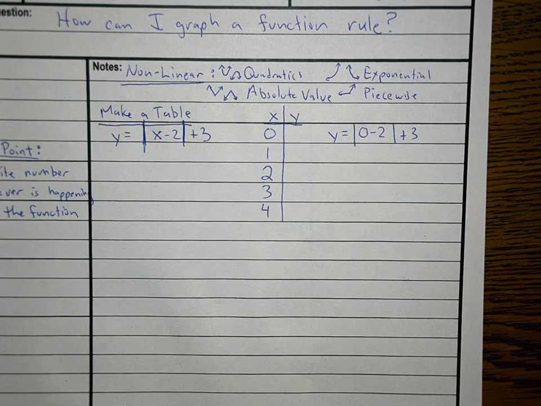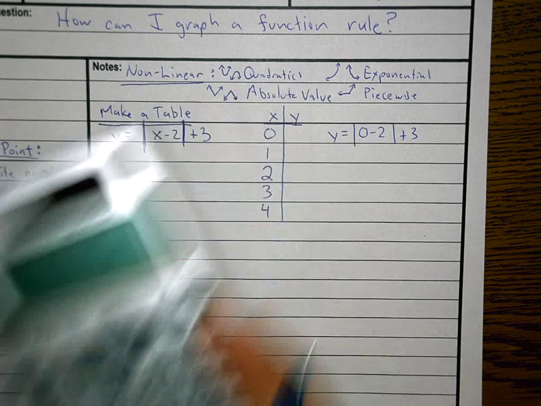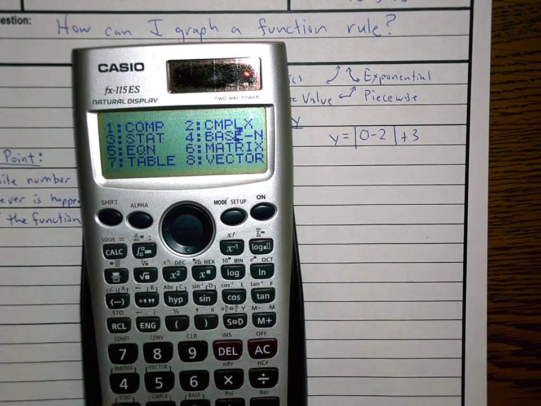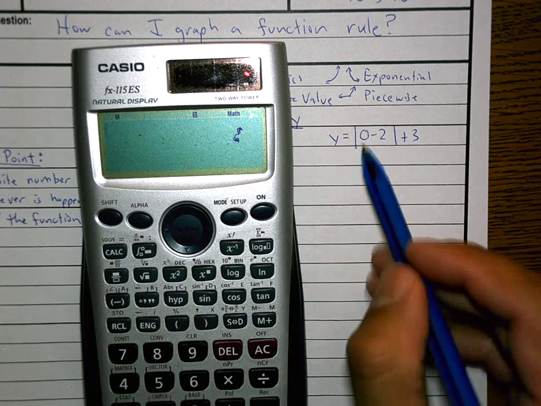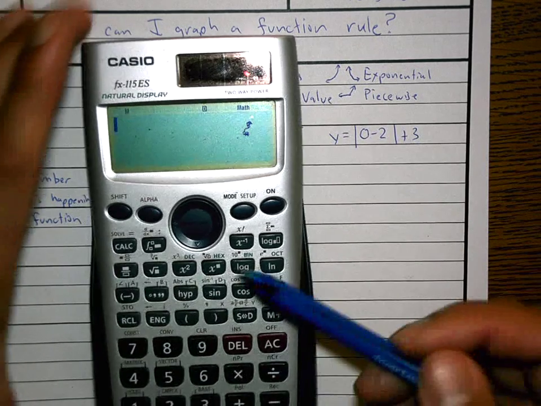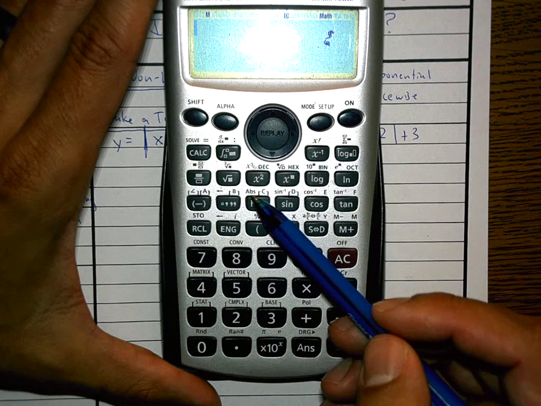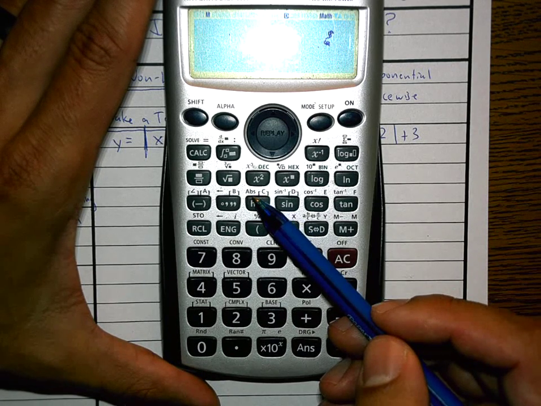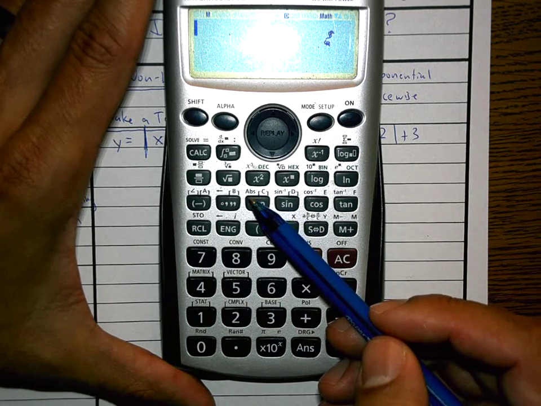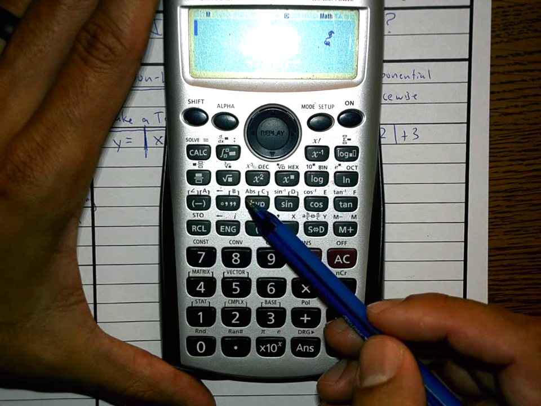If you don't know what that is and you are a calculator person, there is absolute value on our calculators, and I want to show you where it is. This ABS button that I'm pointing to right there, ABS does not stand for abdominals. It actually stands for absolute value.